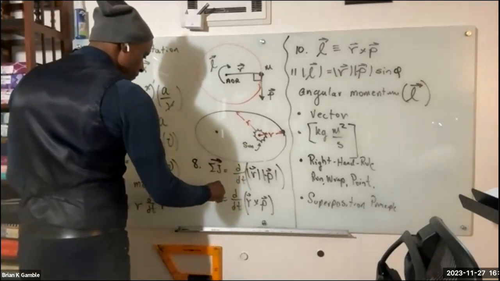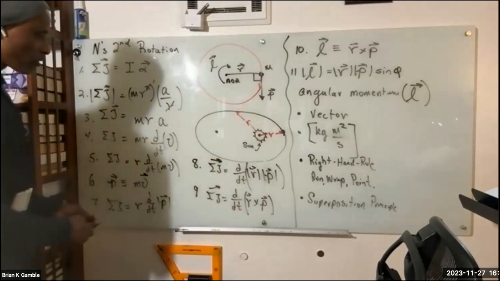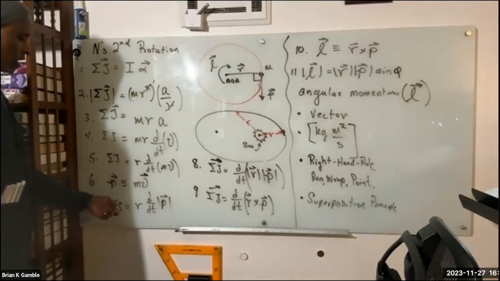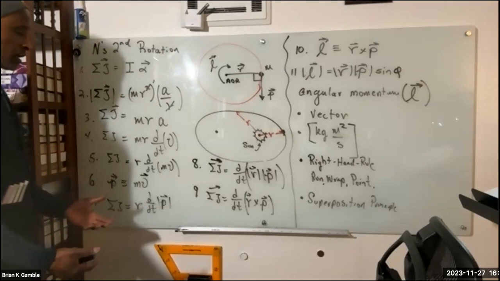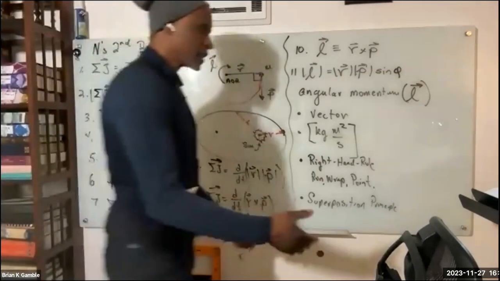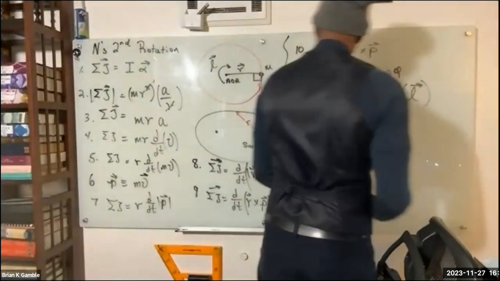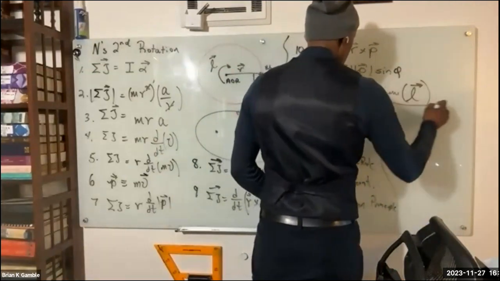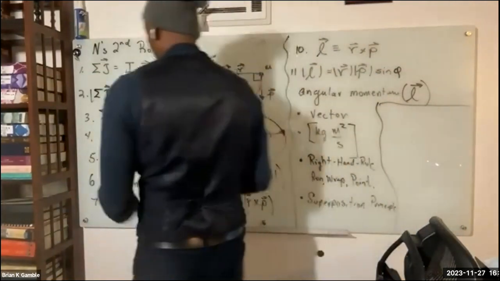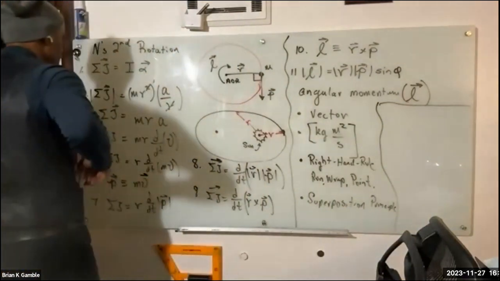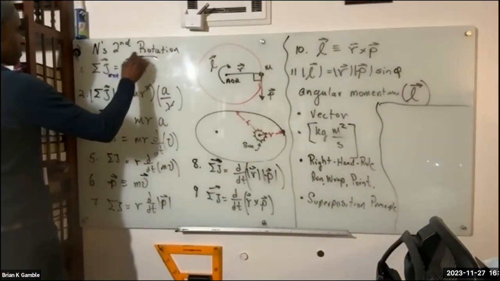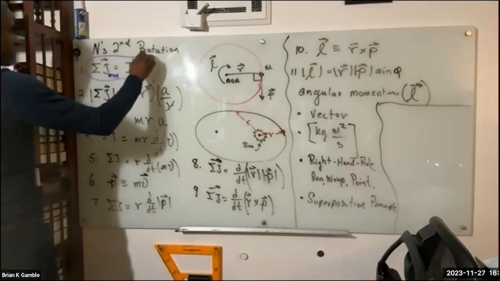So we can finish this up. Now that we've defined that, we can write Newton's second law in terms of angular momentum, and we see something analogous to what we found with translational motion. This is one valid way: the net external torque on a system is equal to the moment of inertia times the angular acceleration.